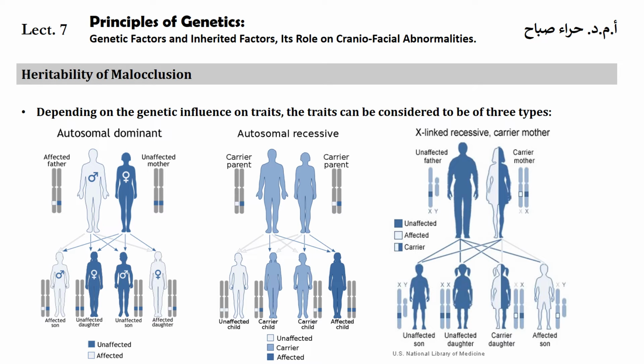So, in the heritability of malocclusion, the type of trait that can be identified is named either autosomal dominant trait, autosomal recessive trait, or X-linked recessive trait.